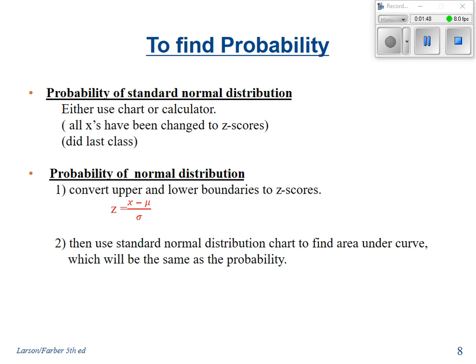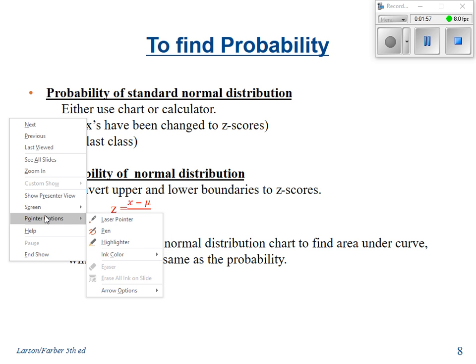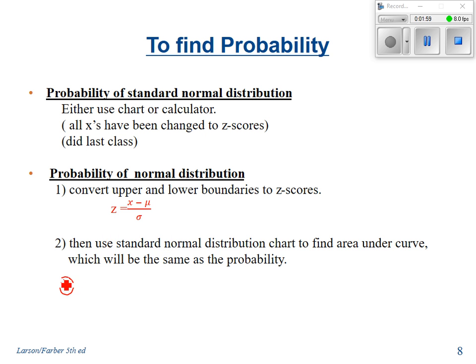And I'm going to write an or up here. Or you can use the calculator. That would be number 3.